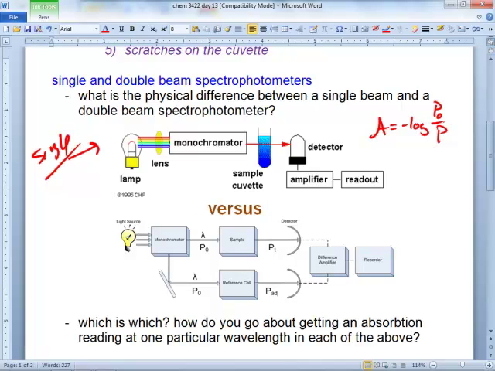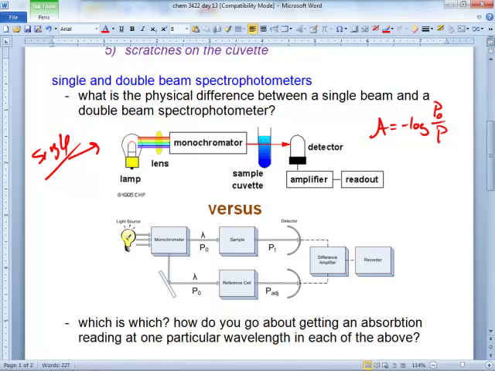Then you push background or whatever the little button says. Now you're ready for the next step. Dump it out, put in your sample, push the absorbance reading, because it's going to remember what the incident was. It'll figure out what the transmitted intensity is and calculate it, right?